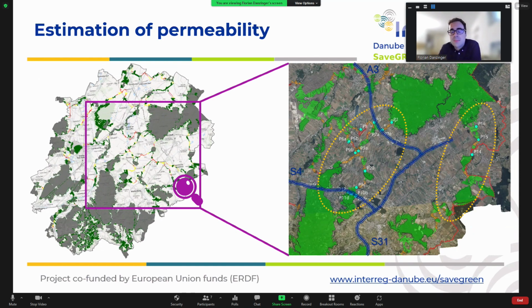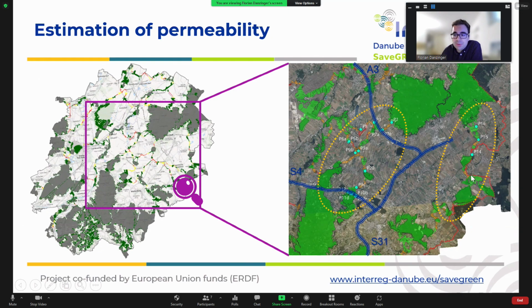Especially in this left area here, there is a major highway crossing the bottleneck situation, and two expressways here and here, which makes it especially difficult to pass this area for migrating animals. But there are two green bridges in this area and in this area. I hope you can see my pointer.